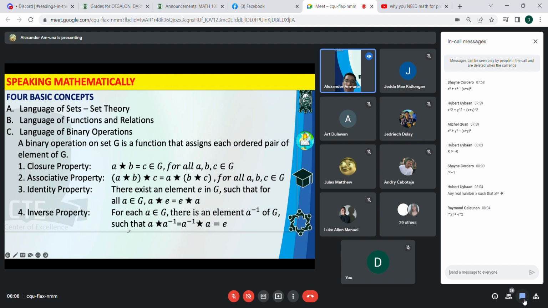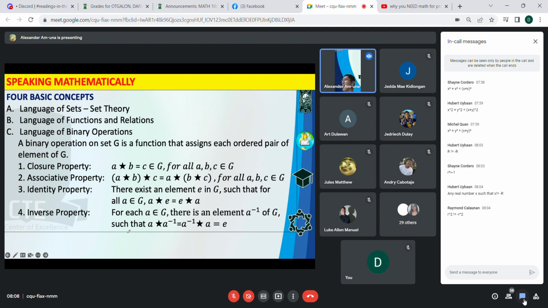So ang tawag nila doon ay closure property. Because it cannot be that when you add 2 real numbers, you will come up with an imaginary number. Make sense? That's why it's closed.